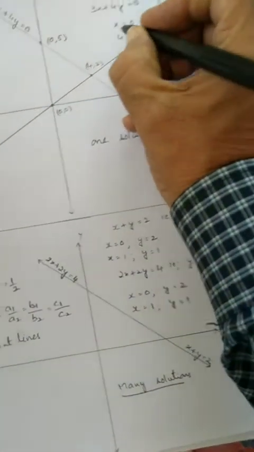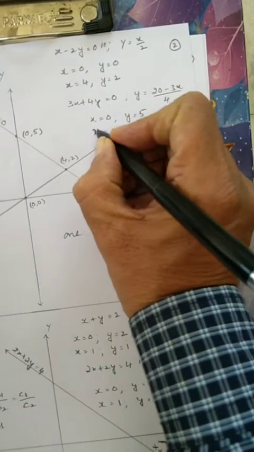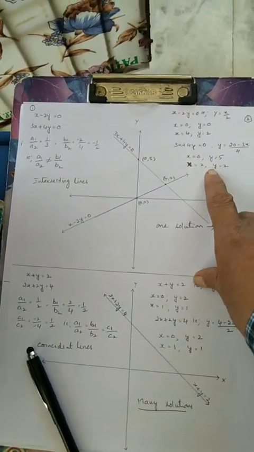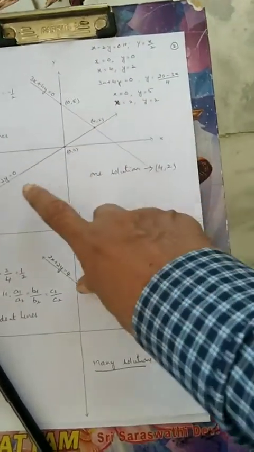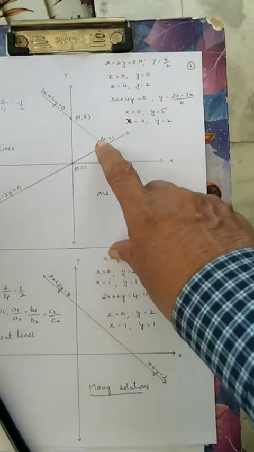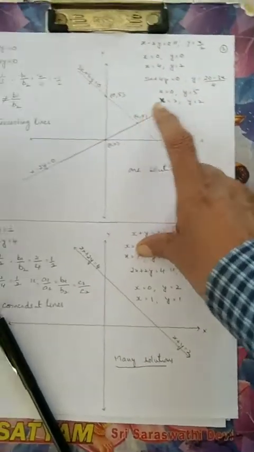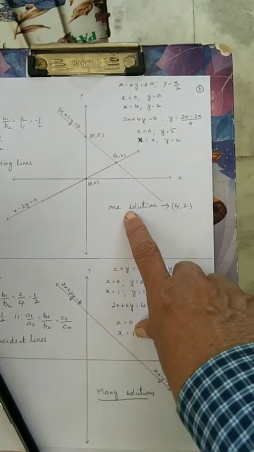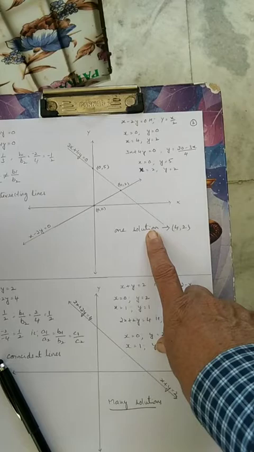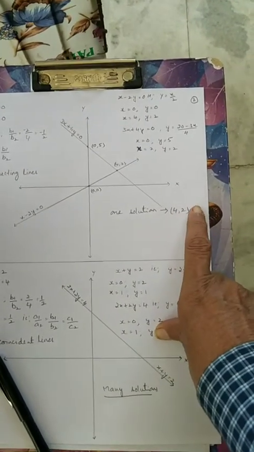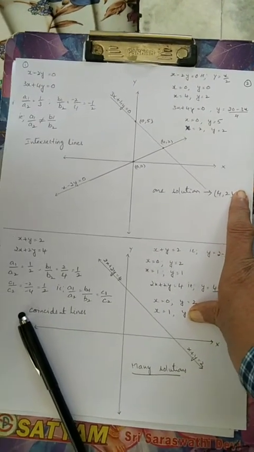Here we take x is equal to 2, and y is also equal to 2. So here these two lines are intersecting at one point. What is that one point? That is 4, 2. So it is having only one solution. This one solution is 4, 2. Is it clear, all of you?